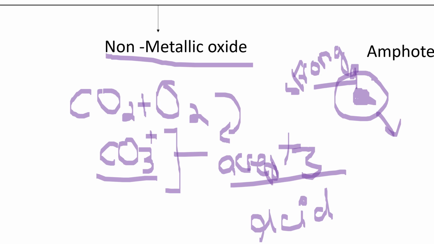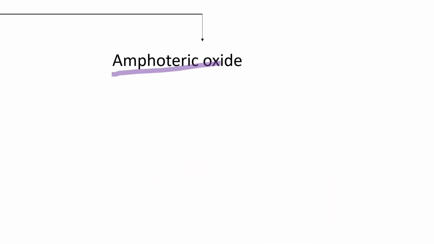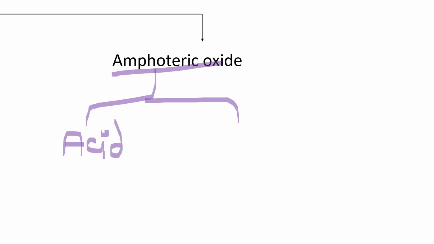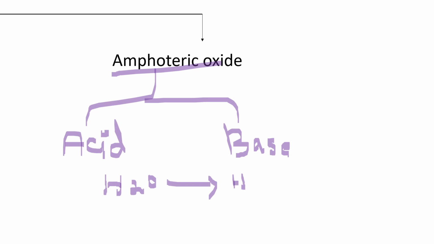This is a concept. Now the last but not the least, amphoteric. Amphoteric is basically both acid and base. Now you have noticed one thing: if we break down the H2O, it will produce both H plus ions and OH minus ions, right?